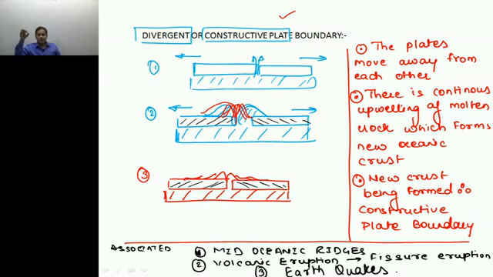So the earthquakes are associated with the divergent or the constructive plate boundary. So these plate boundaries are constructive. Now where will be these plate boundaries? These plate boundaries will be along the oceanic floor. We have already done this concept in seafloor spreading.